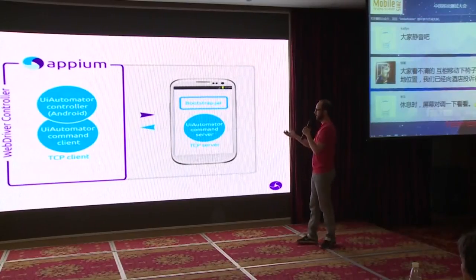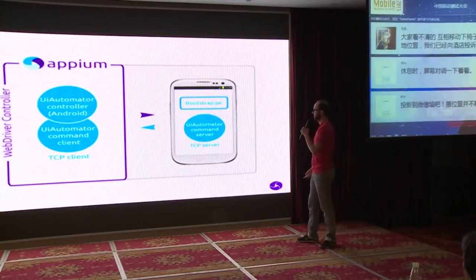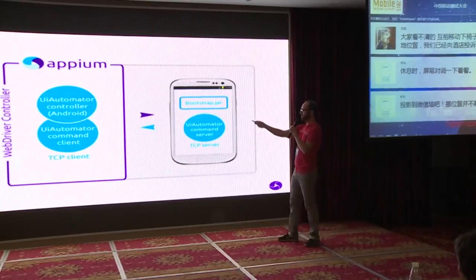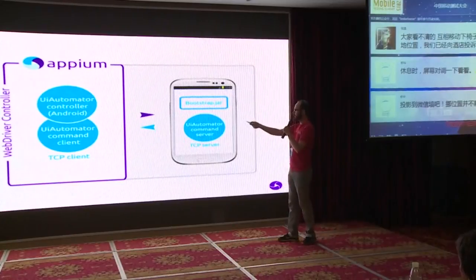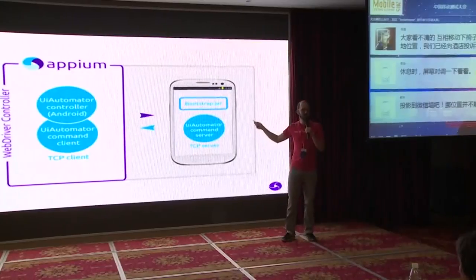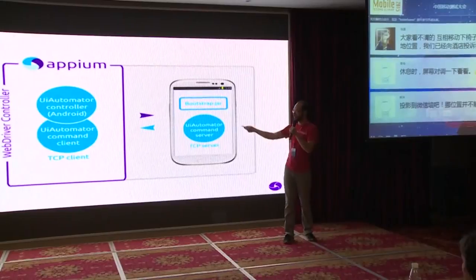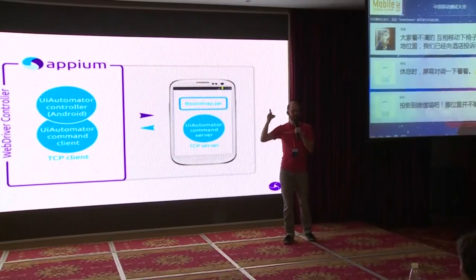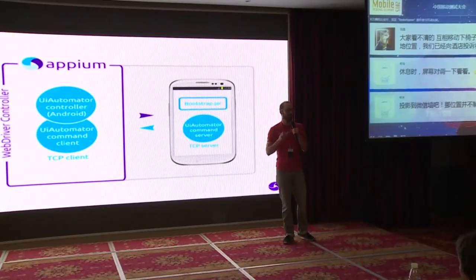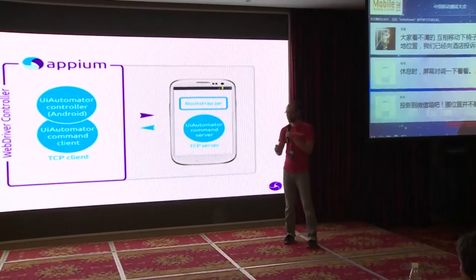So for example, this is Android, using our UI Automator backend. So Appium will translate your HTTP request into a command that is run inside UI Automator on your device. And then when the result is returned to Appium, it again wraps it up in an HTTP response and replies to your test script where you can do something with the response. Maybe make a verification.